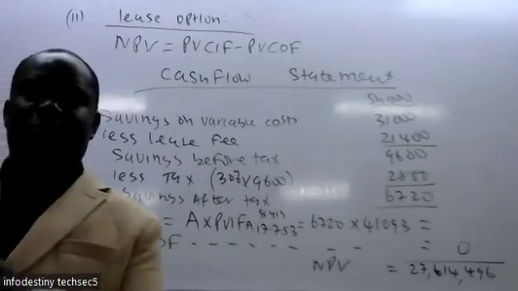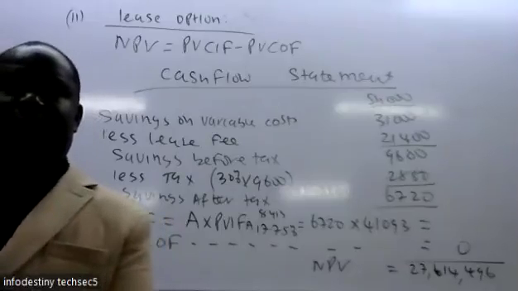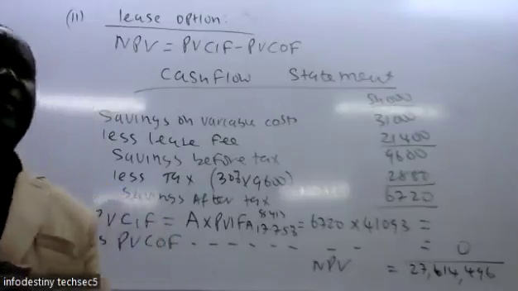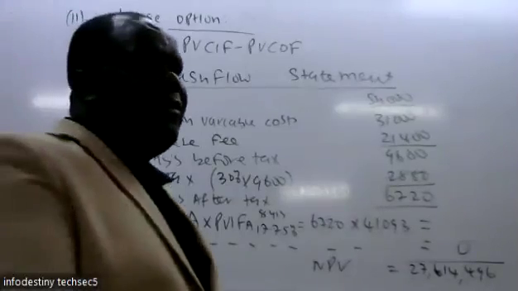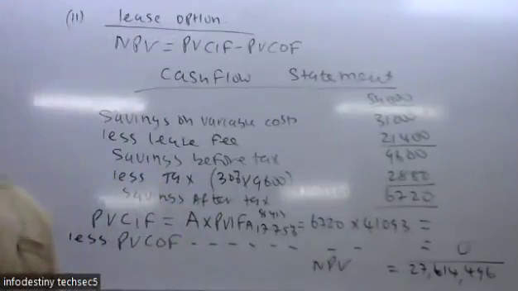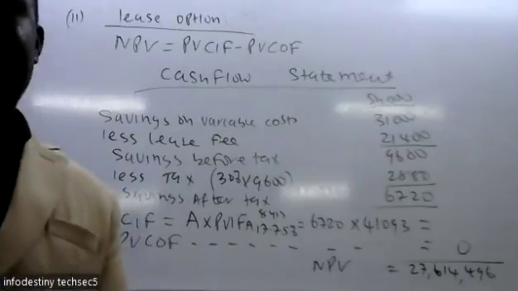So now you are meant to advise in the Roman letter 3. Which one has the highest NPV, lease or buy option? So when you lease, the lease option, the advice would be to select the lease.